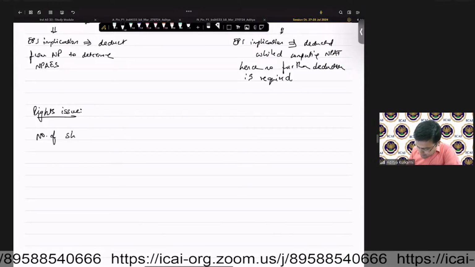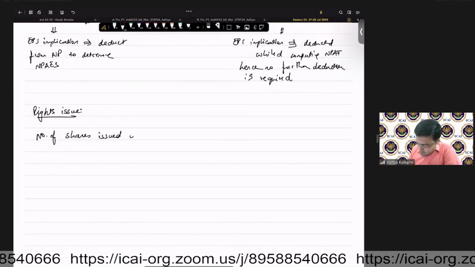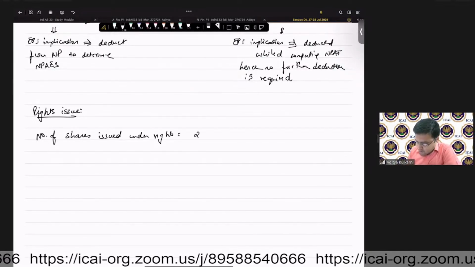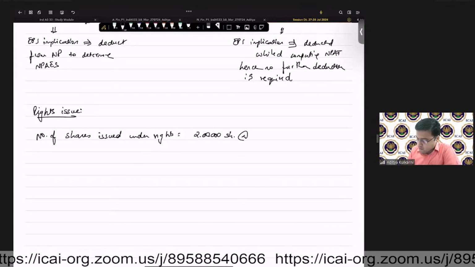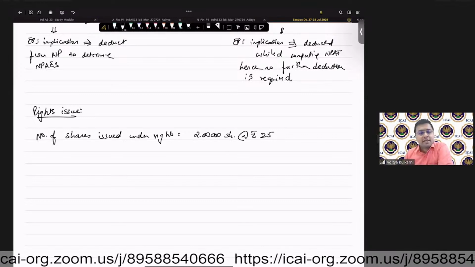Number of shares issued under rights is equal to 2 lakh shares, at rupees 25, the issue price.